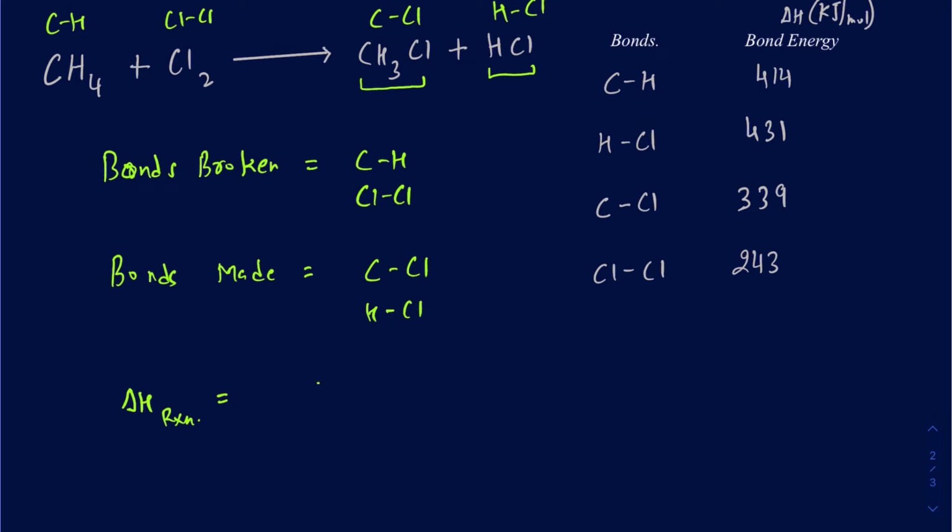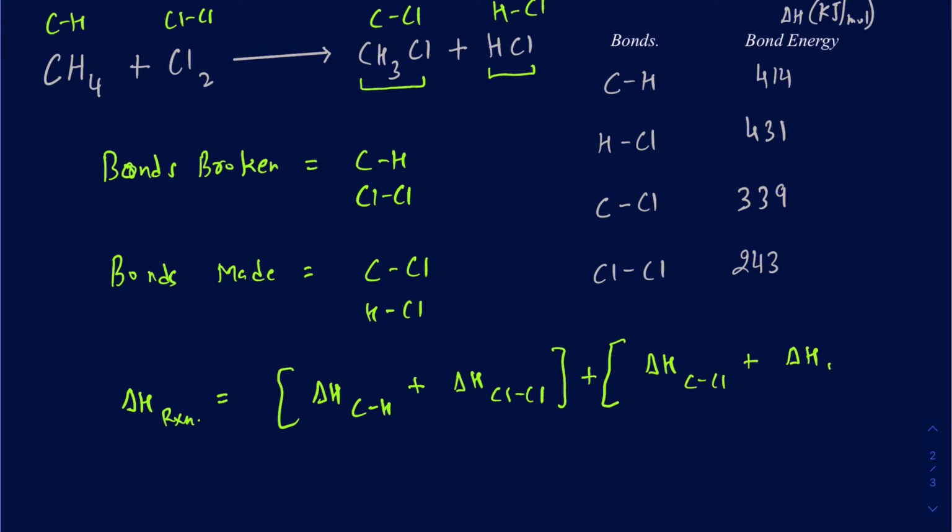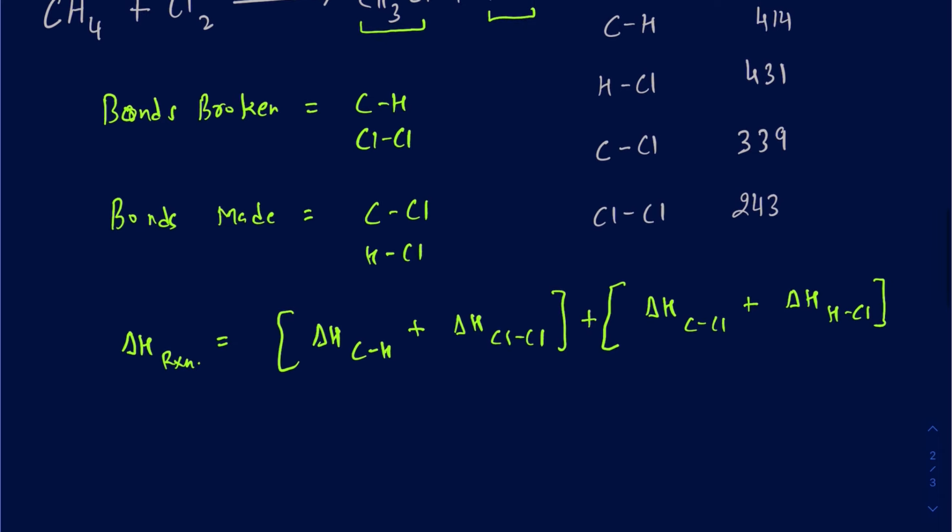That's going to be the delta H of your carbon hydrogen bond plus the delta H of your chlorine chlorine bond. Those are your bonds broken, plus the delta H of your carbon chlorine bond plus your delta H of the hydrogen chlorine bond. Those are your bonds formed in this particular case.